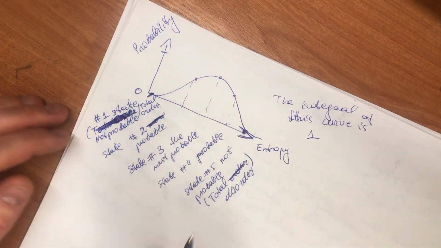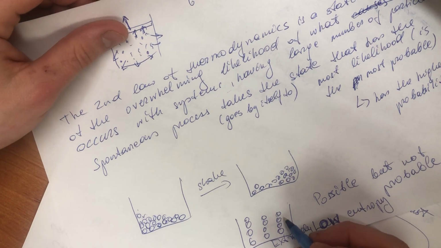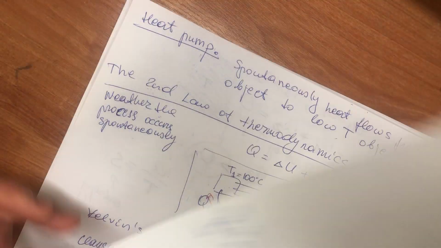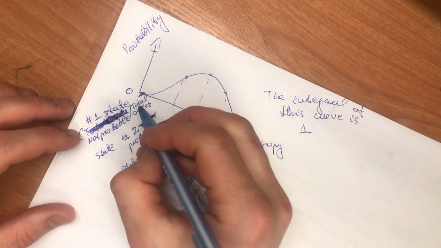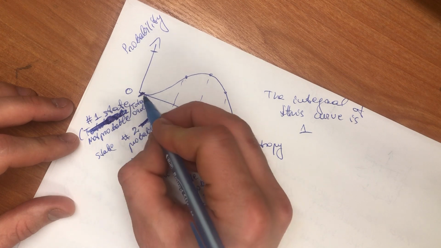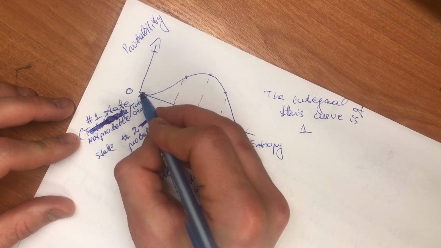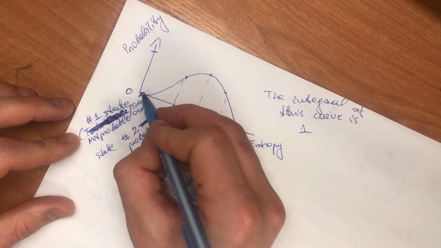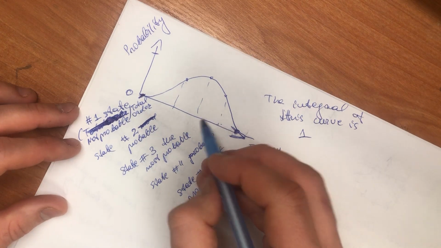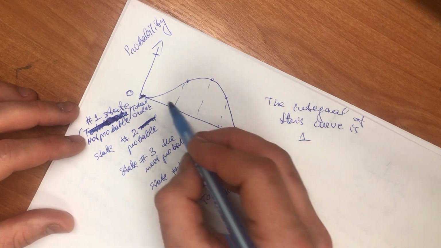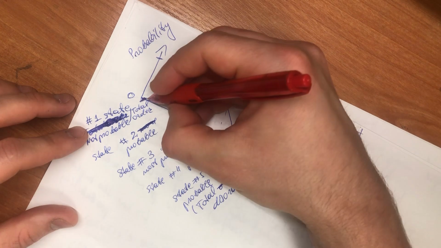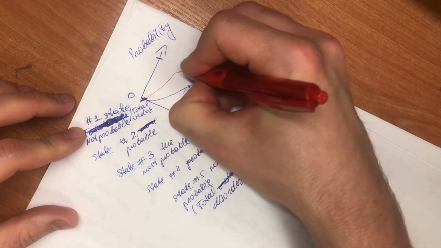And as I said previously, this part of ordered arrangement would be total order, but it's not probable. It's not probable because the probability is 0, and it would have the least entropy, because entropy here is 0. Here are intermediate states that can occur. This curve may have some kind of shape like this.